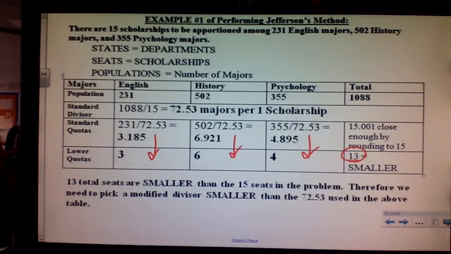This needs to be equal to 15, so this is too small and it needs to get bigger. When this needs to go bigger, that means I need to take this number and make it smaller. So instead of finding a new standard divisor, we're just going to make one up. We pick a number that is smaller than 72.53.